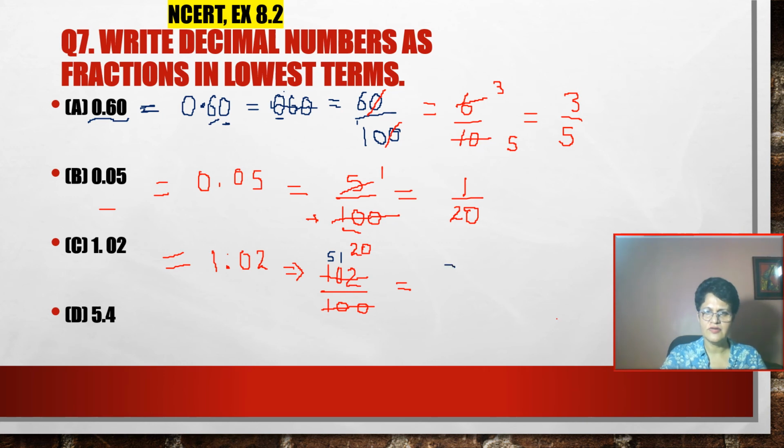So my numerator will be 51. Okay. Let me do the denominator now. Again we'll see the table of 2, and I know this 10 comes in the table of 2. So 2 5s are 10, and then this 0 comes over here, one more 0, so this comes 51 upon 50.